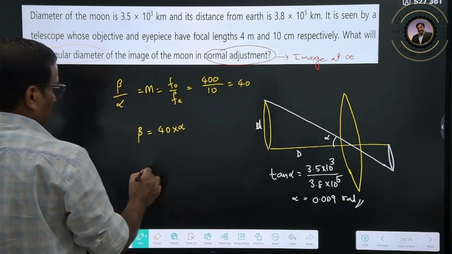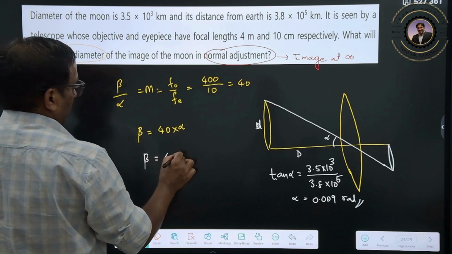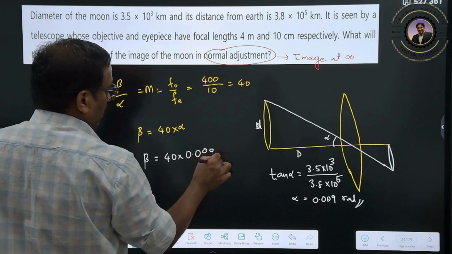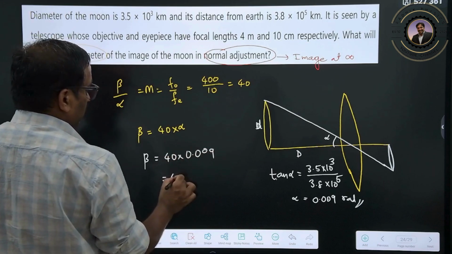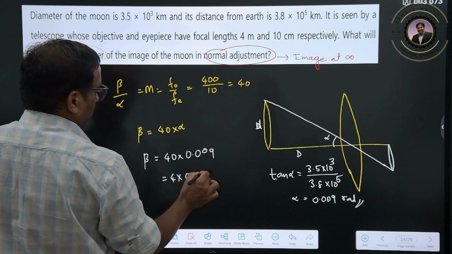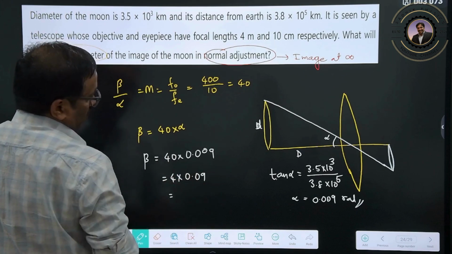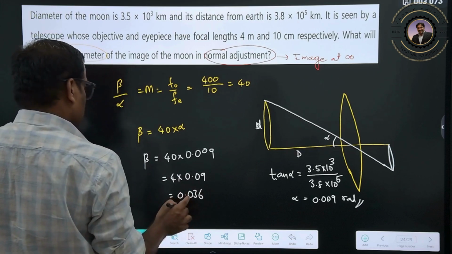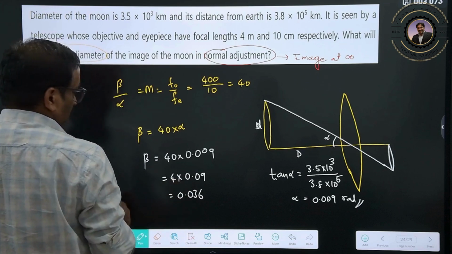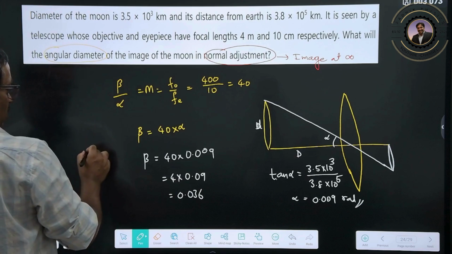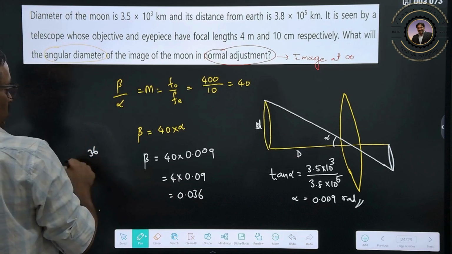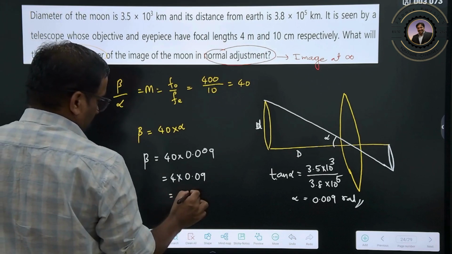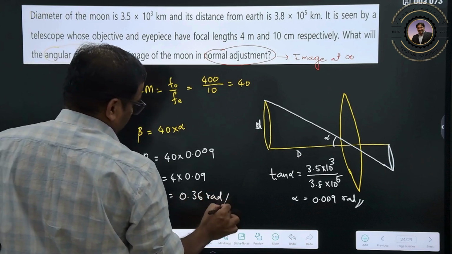Beta is 40 times this, 40 into 0.009, which gives 0.36 radians.